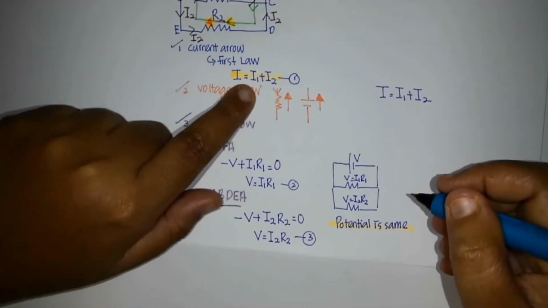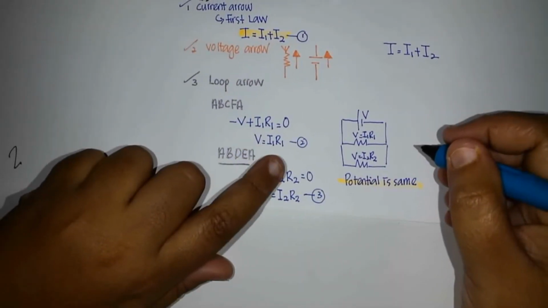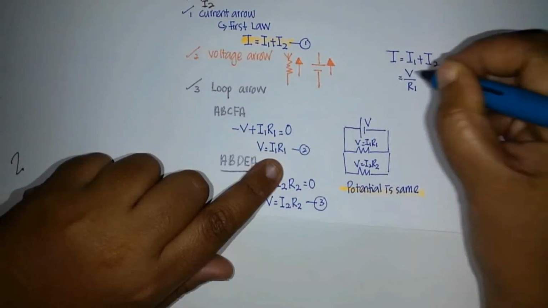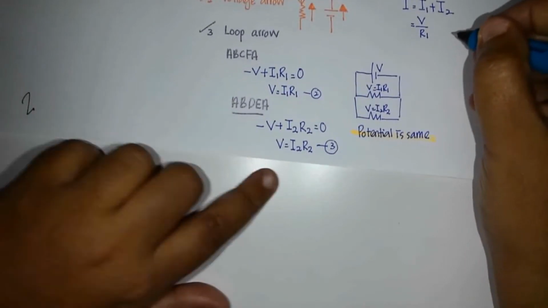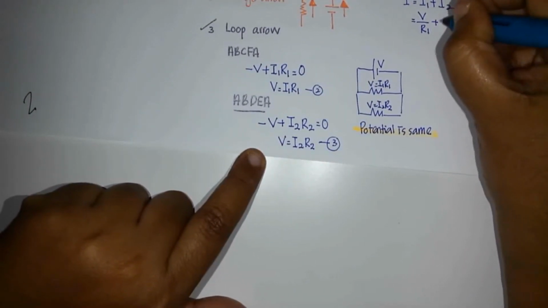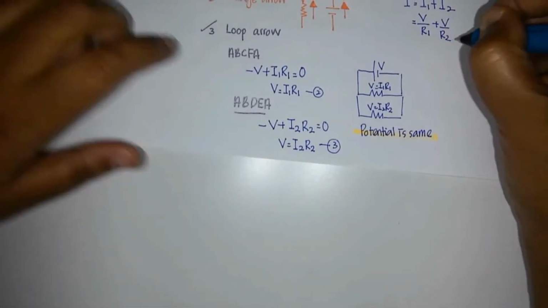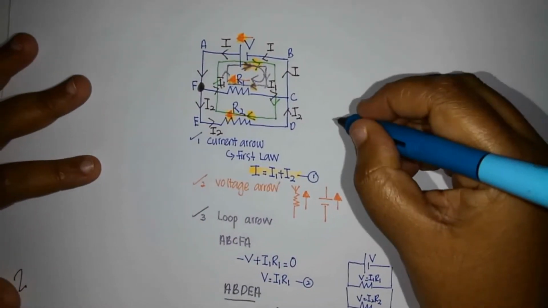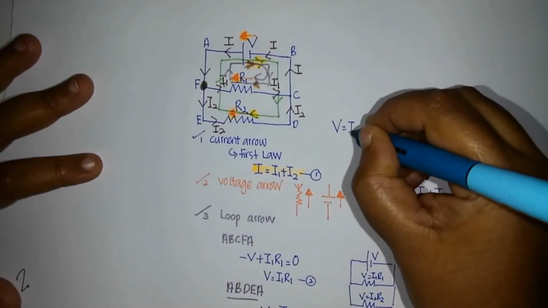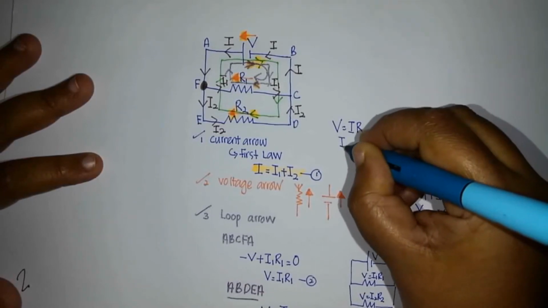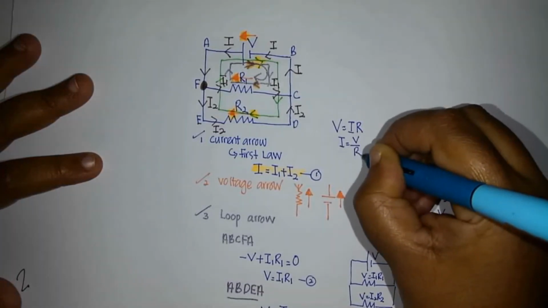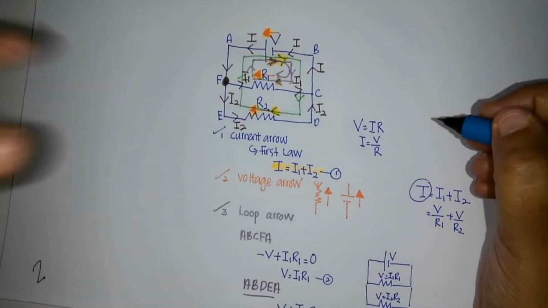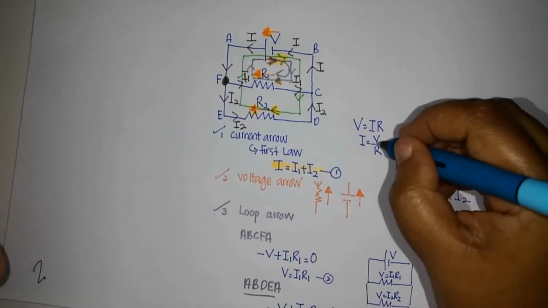So what is I1? I1 from here is V over R1. What is I2? From here I2 is plus V over R2. So total current, V equals to IR, will be I equals to V over R. Total voltage V over total resistance in the circuit, the total current.